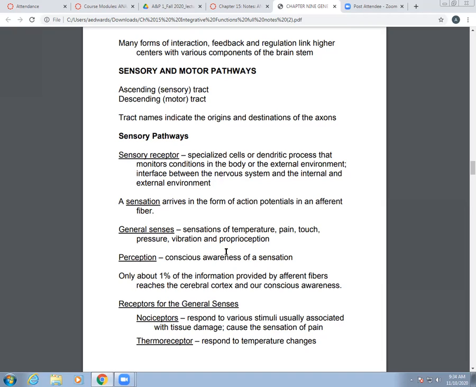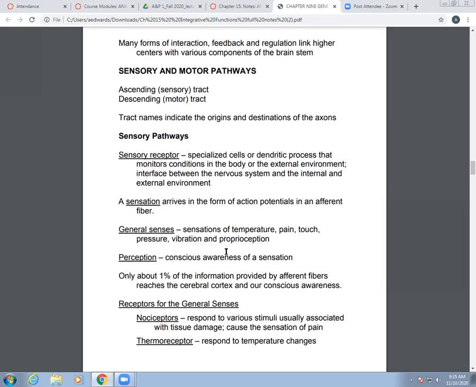Typically that's a motor tract, sending signals to your muscles or to other organs, other effectors. The tract names will indicate origins and destinations of the various axons involved. Okay, let's start with the sensory pathways. The sensory receptor is a component of those pathways.